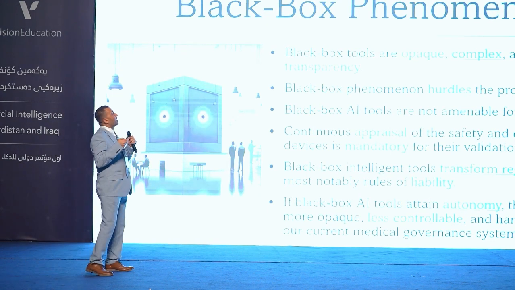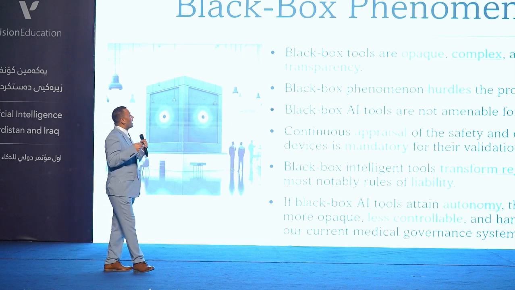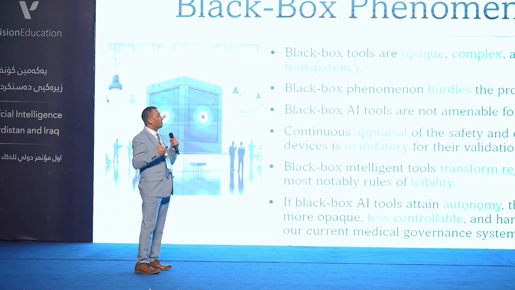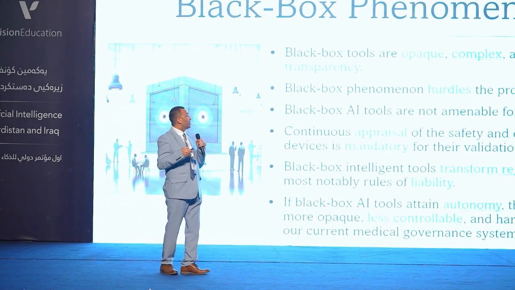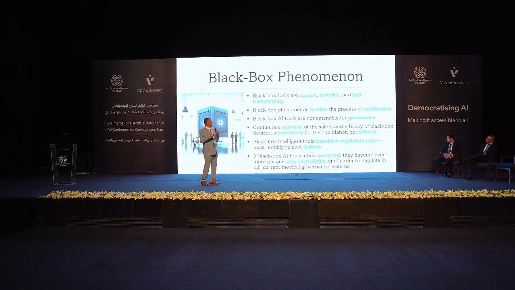So it is an opaque, complex AI, and a black box AI lacks transparency, and it hurdles the process of certification. It affects its governance, the appraisal, and it affects also the transformation of all the regulatory roles. It also affects the autonomy, and in summation, it is less controllable or completely uncontrollable.